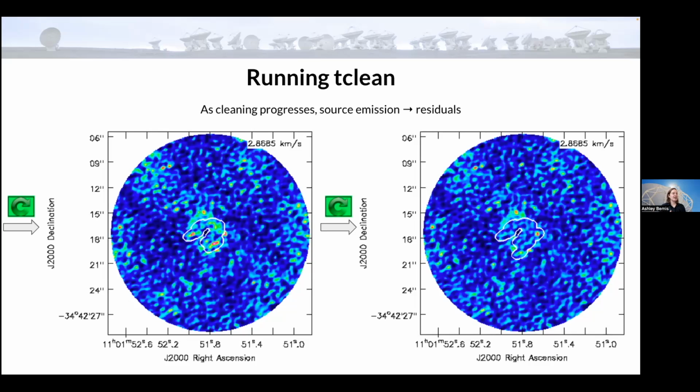We can see in this particular channel, the mask has been expanded, and we still see a little bit of source emission here. So we can run clean again, and then when it pops back up, we can see the mask has been expanded a little bit more, and there's a little less source emission here. It's done a decent job at subtracting some of the source emission.